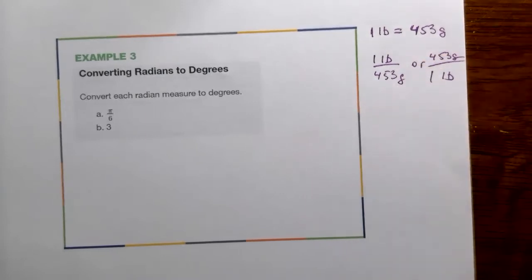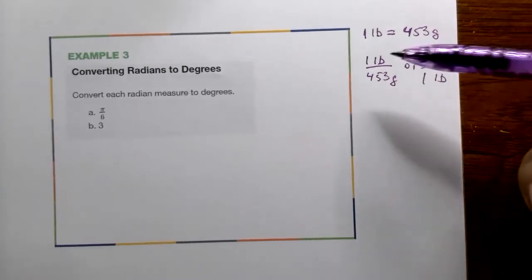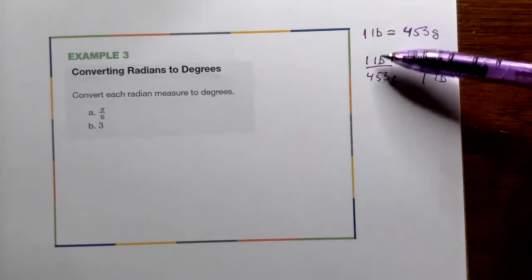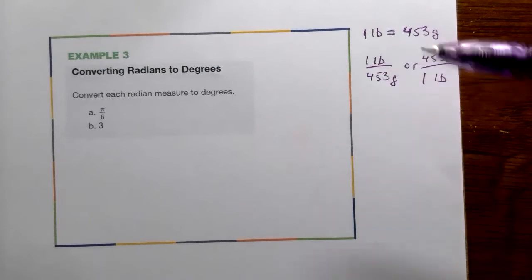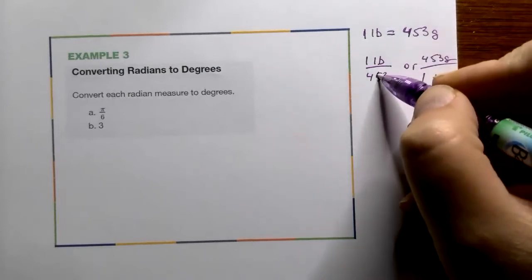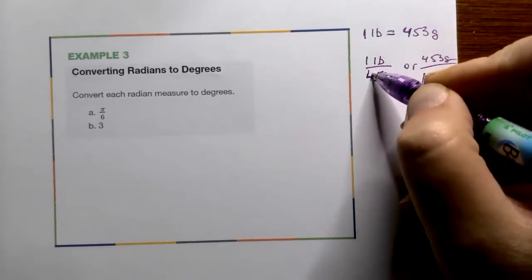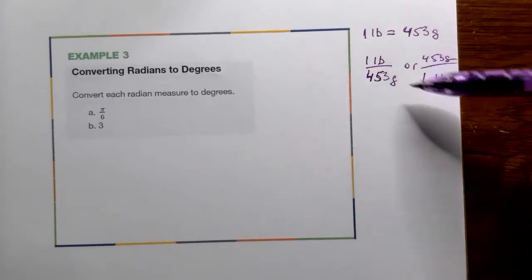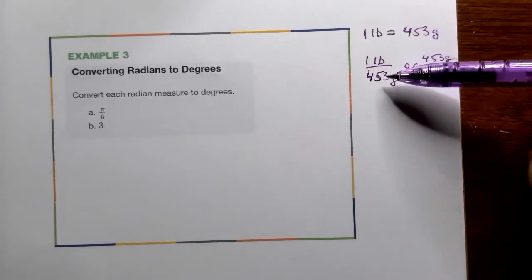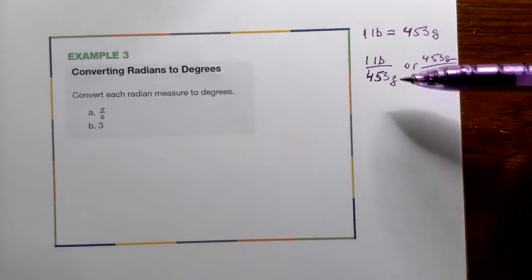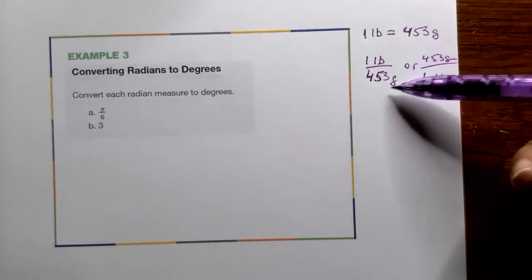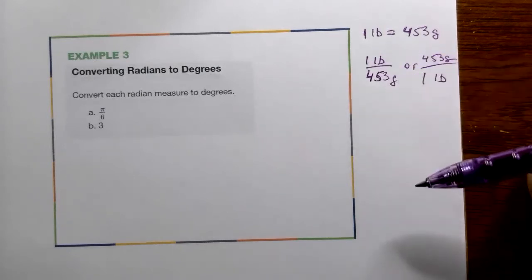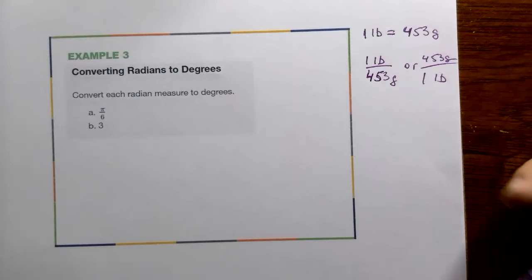Both fractions equal 1, right? Because we have equivalent weights on the top and on the bottom. So each fraction is 1. It's called the unity fraction. So you will use this one if you want to convert grams into pounds. Why? Because whatever is on the bottom will be canceled out. So if you have grams here, they will be canceled out with grams on the bottom, and you will end up with pounds.